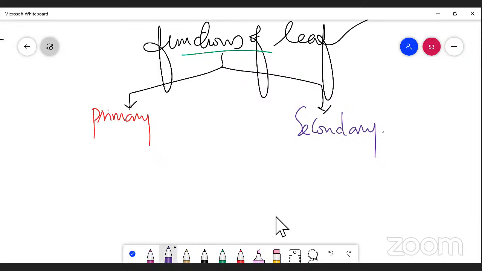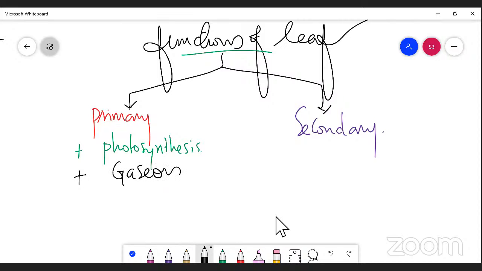As I said, the first primary function is photosynthesis. Second, it also performs gaseous exchange.